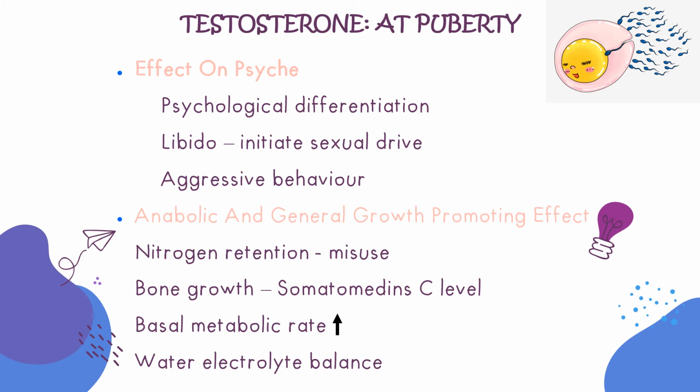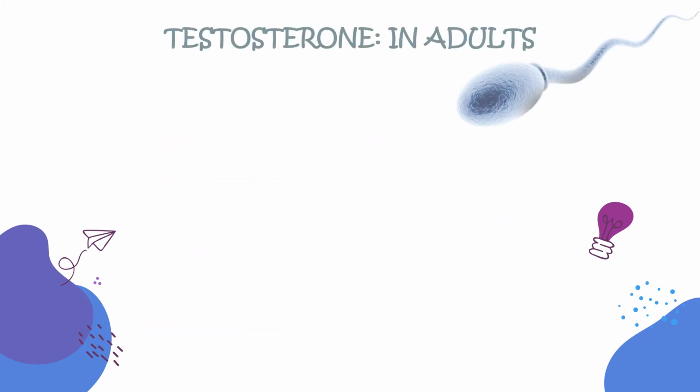Then water and electrolyte balance: the renal retention of calcium, phosphate, sodium, potassium, and water are other anabolic effects of the testosterone. Testosterone effects in the adults: androgenic patterns of hair growth are maintained, and with increasing age male baldness may be initiated.